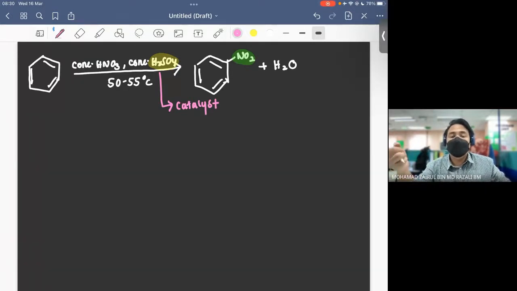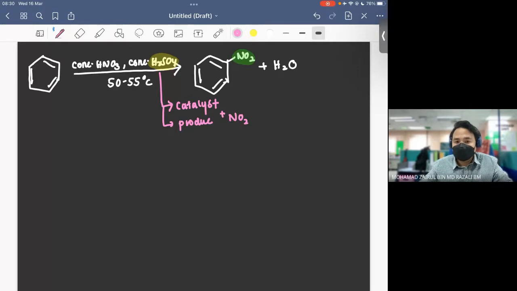Now the second purpose, dia akan have to produce NO2+. Kenapa saya letak plus charge tu dekat nitrogen? Sebab nanti awak draw Lewis structure NO2+, awak kira formal charge positif tu berada dekat nitrogen. Sebab tu saya lukis dekat nitrogen.